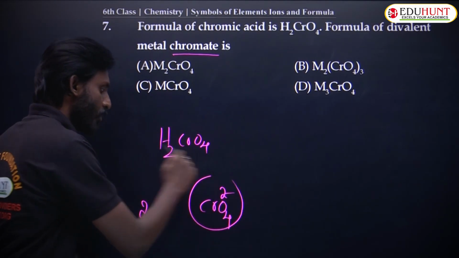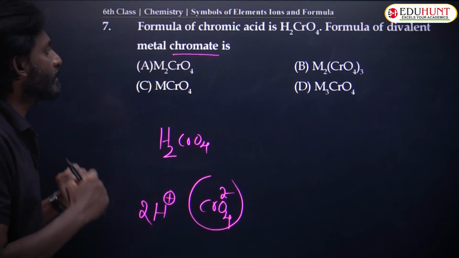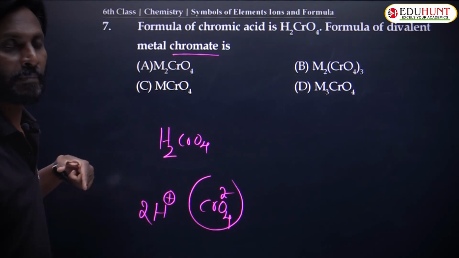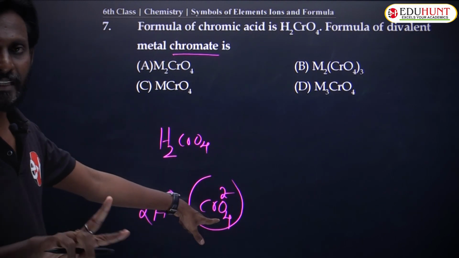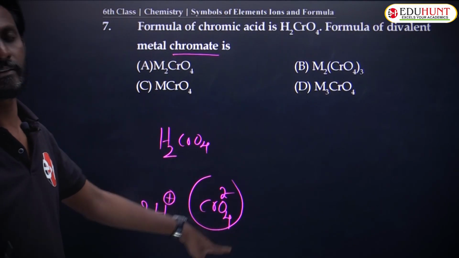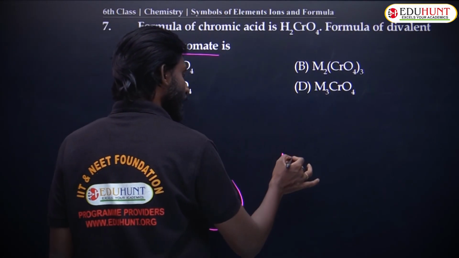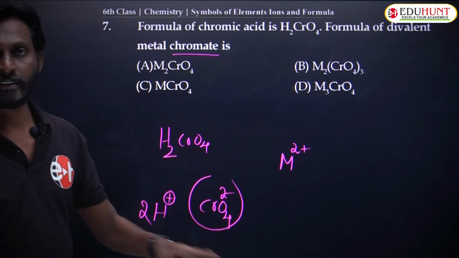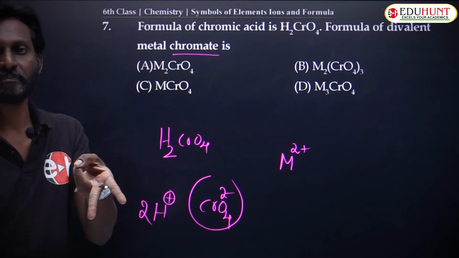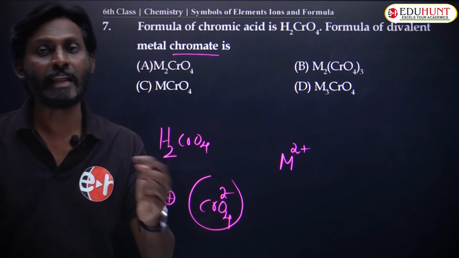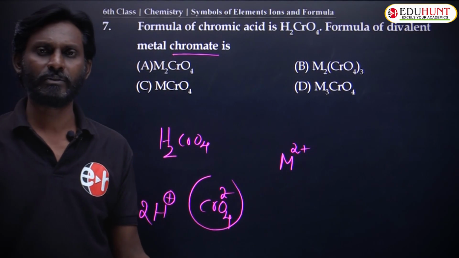Okay. Now what is the question asking? The question is asking what will be the formula of a divalent metal with this chromate? That means metal chromate, like magnesium chromate, zinc chromate, like that. But the metal they are saying is 2 positive. Of course, divalent means 2 positive. Divalent cation means 2 positive, divalent anion means 2 negative.